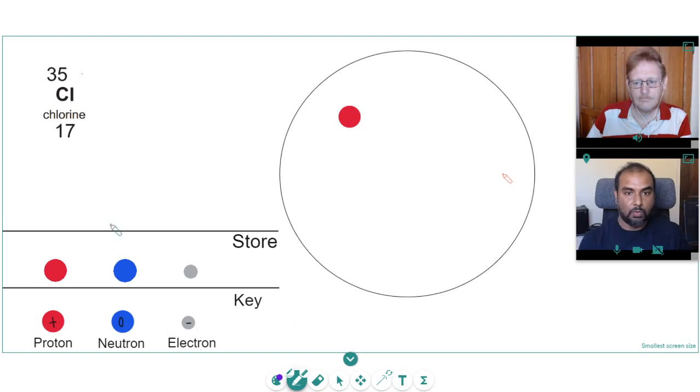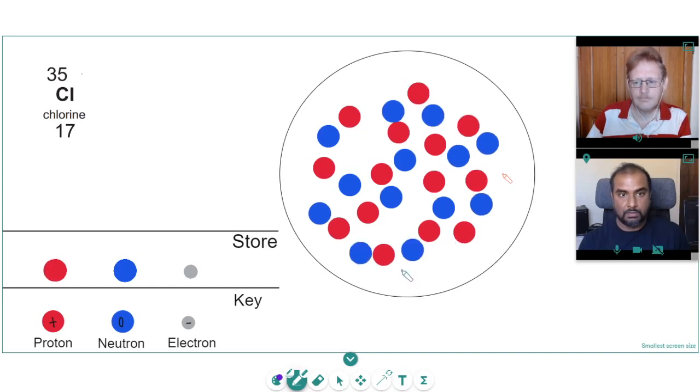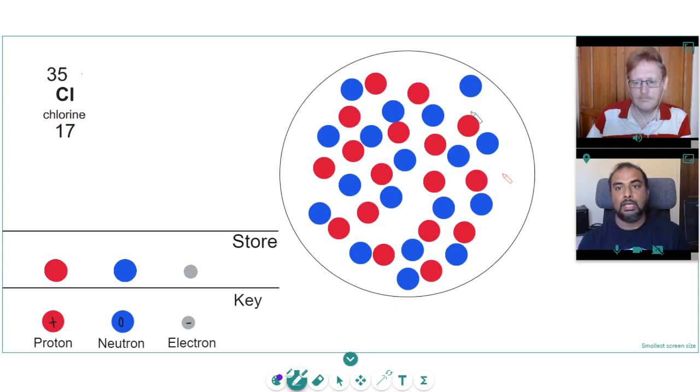So here is one proton, one neutron, and this process is continued all the way until we get 17 protons, 17 neutrons at this point, and then one extra neutron here. So 17 protons and 18 neutrons, giving you a mass number of 35.